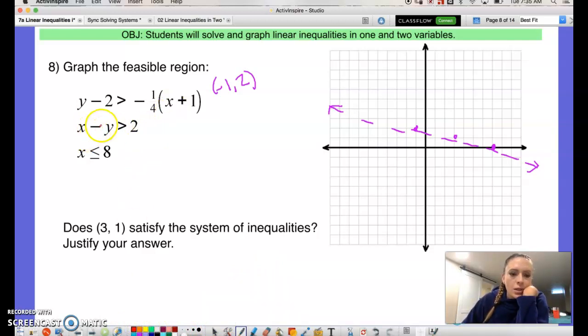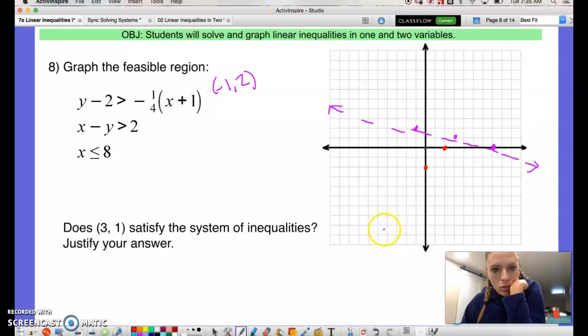As far as this one goes, we know that when x is 0, y is -2. And when y is 0, x is 2.